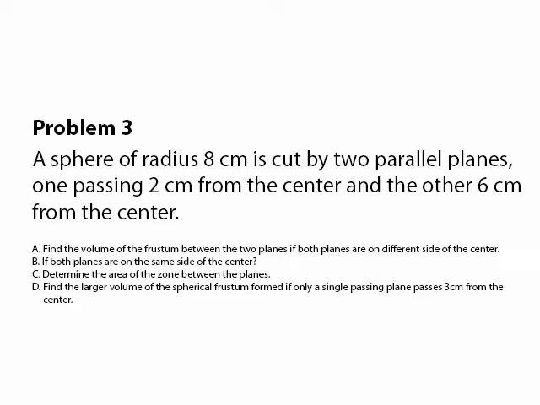And next question, letter B, we need to find the volume if both planes are on the same side from the center, and determine the area of the zone between the planes, and find the larger volume of the spherical frustum formed if only a single plane passes 3 cm from the center.